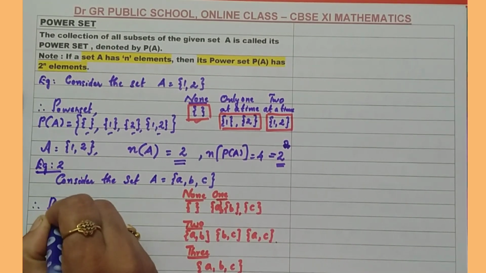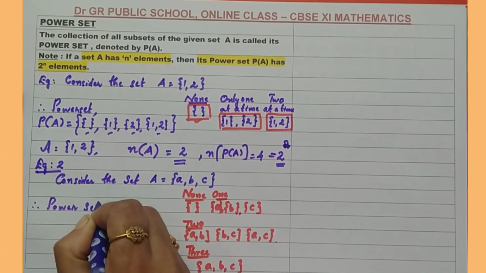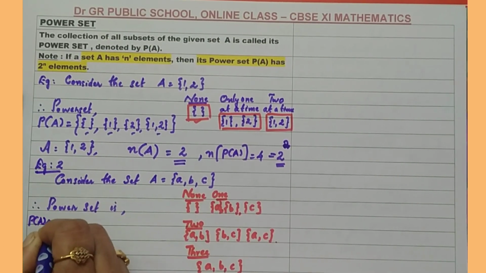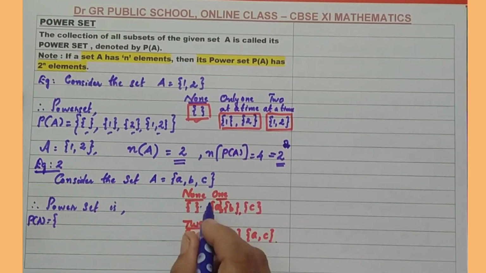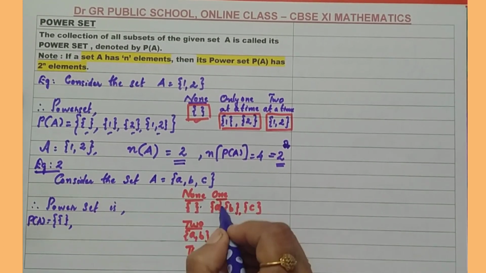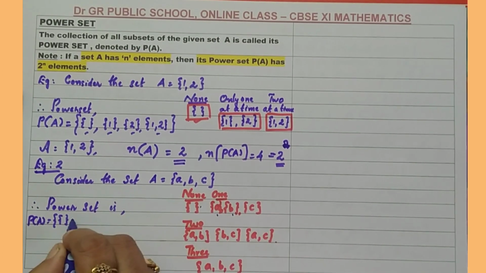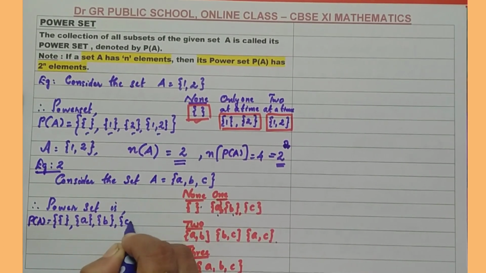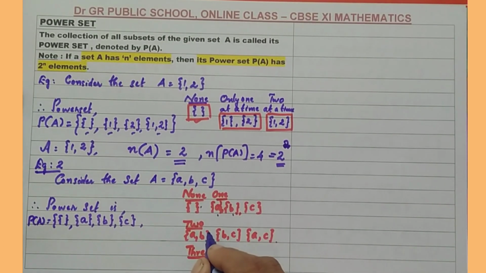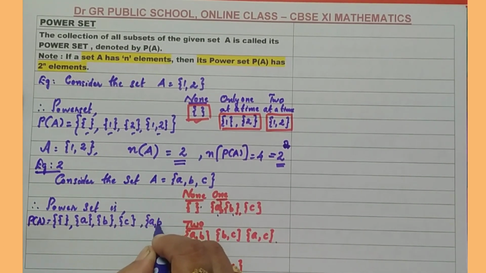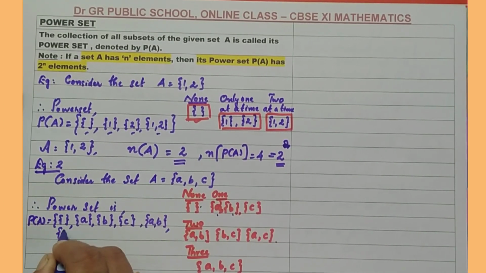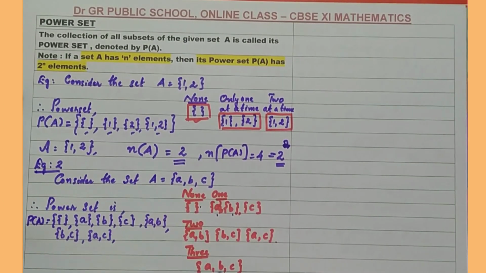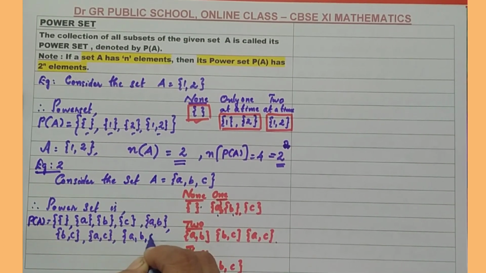Therefore, the power set is usually denoted with the letter P of A. P of A equals, the collection consists of, the first one is the null set, the second one the singleton set A, singleton set B and singleton set C. Then taking 2 at a time, the set AB, then the set BC, then the set AC, and the last one the set ABC.